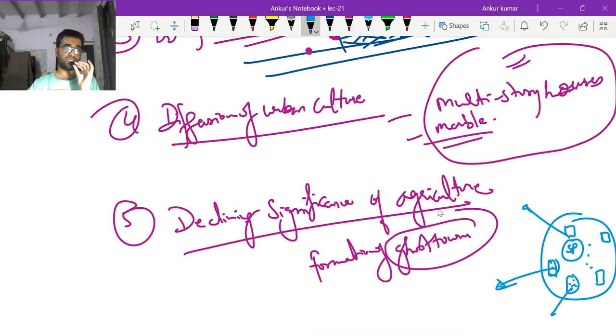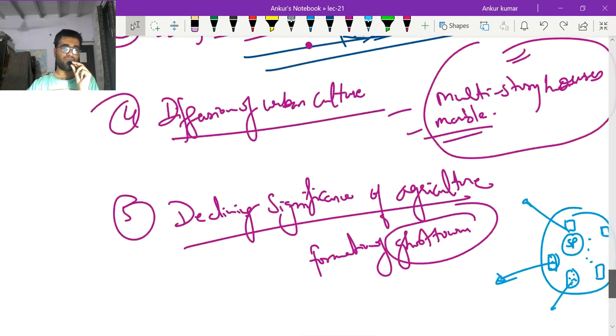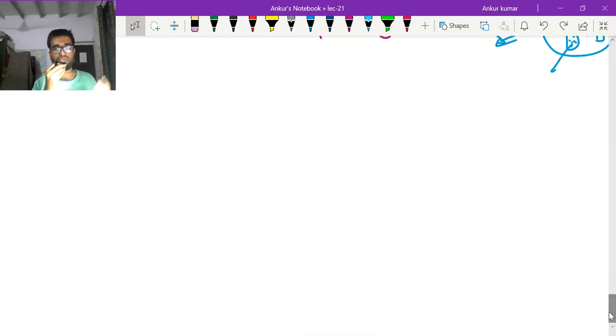This was the situation in many rural areas. So basically, those are the five factors which led to the change in the morphology of the rural areas in India.